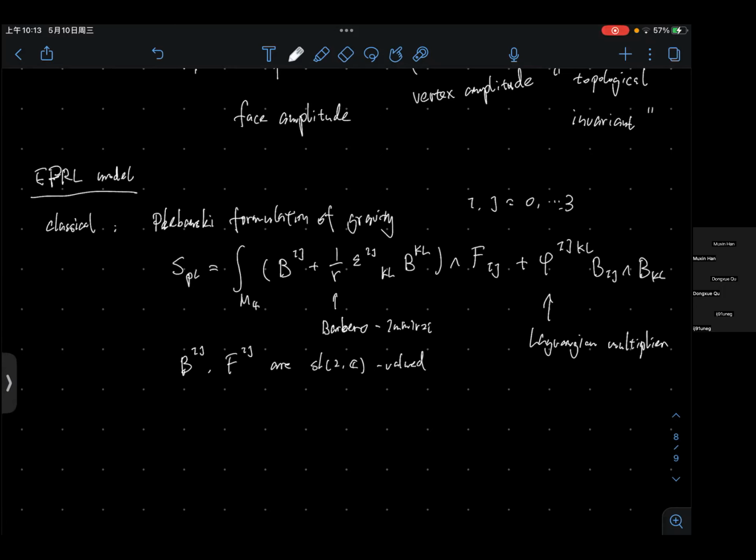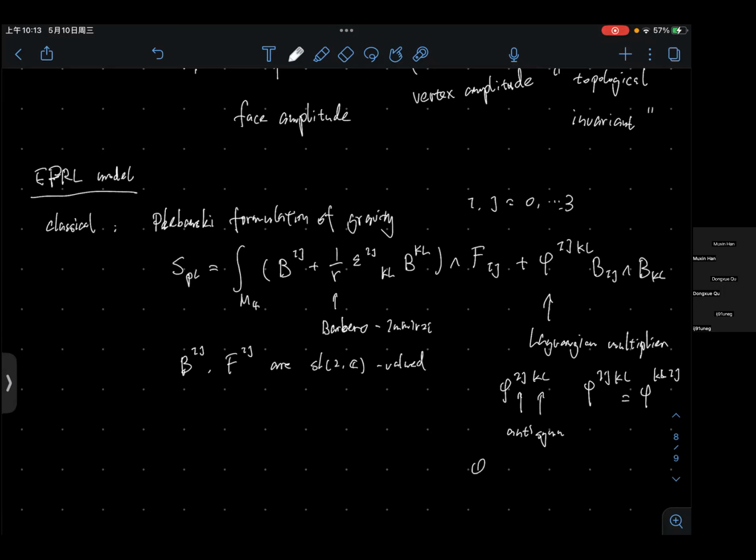So this phi is the Lagrange multiplier. It satisfies certain properties: phi^{IJKL}, with IJ and KL both antisymmetric, and also phi^{IJKL} equals phi^{KLIJ}. If you switch the two index pairs altogether, it is invariant.